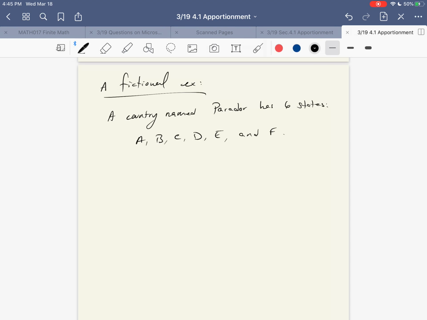Okay, so let me make a little table. I'll do state A, B, C, D, E, F, and here I'll make a little line for total.